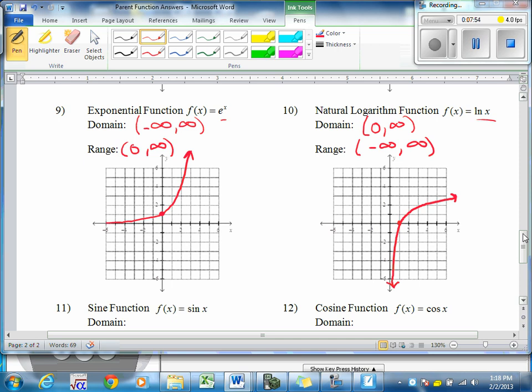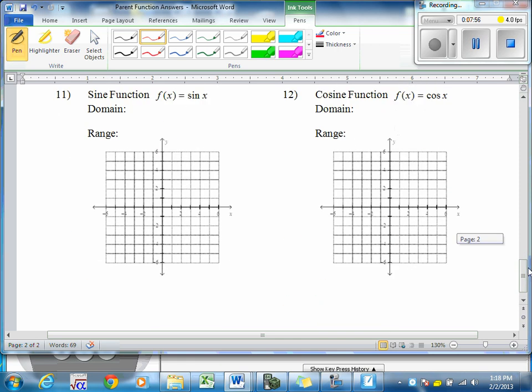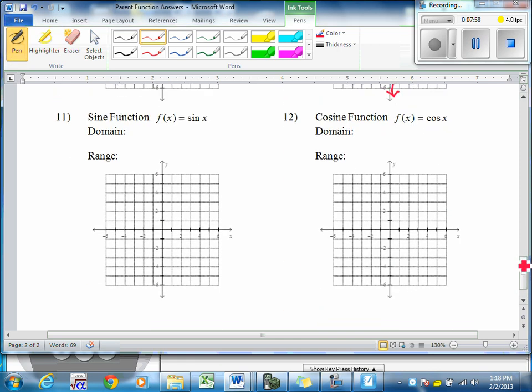My last two functions here are sine and cosine. Now, these are really hard to graph at this point to try to get the points in. I'm going to put the points where they need to go. At this point, all you need to do is look at this and say, well, kind of looks a lot like a wave.